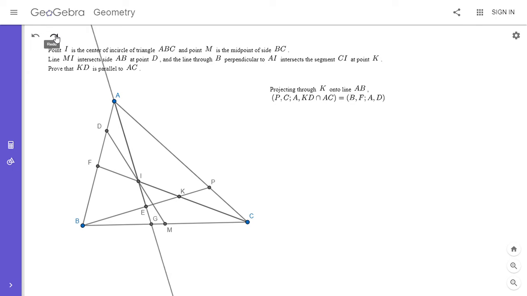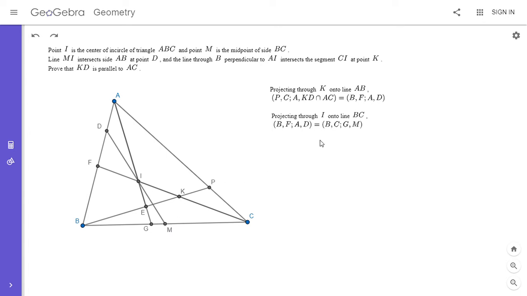I'm going to let G be the intersection point of BC and AI. So if we project through I onto line BC, the cross ratio BFAD is equal to BCGM. B stays where it is, F goes to C, A goes to G, and D goes to M.